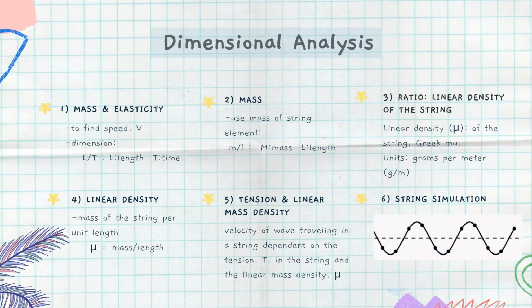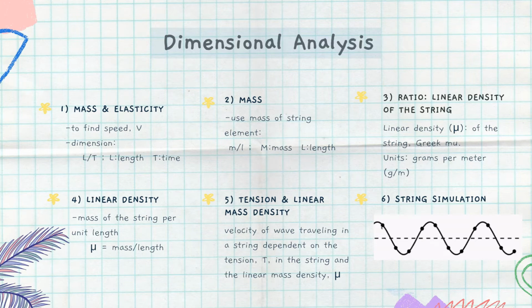In making dimensional analysis, we carefully examine the dimension of all the physical quantities that enter into a given situation to determine the quantities that they produce. In this case, first, we examine the mass and elasticity to find a speed, which has the dimension of length divided by time.